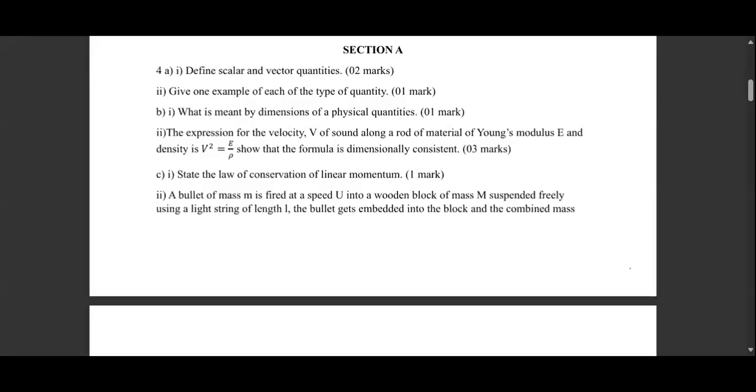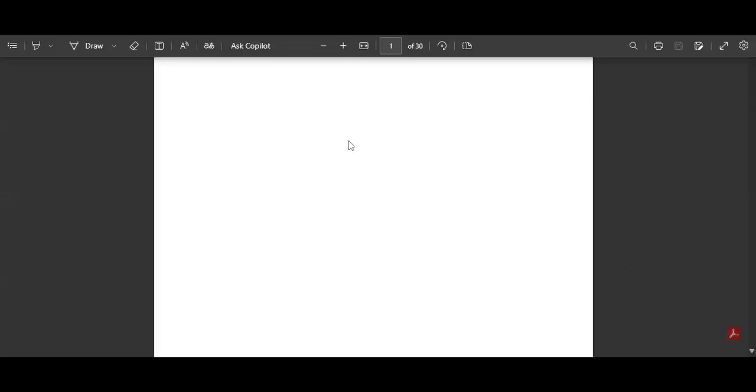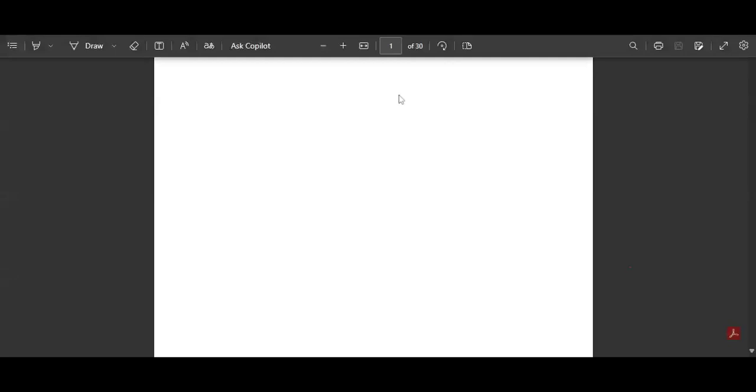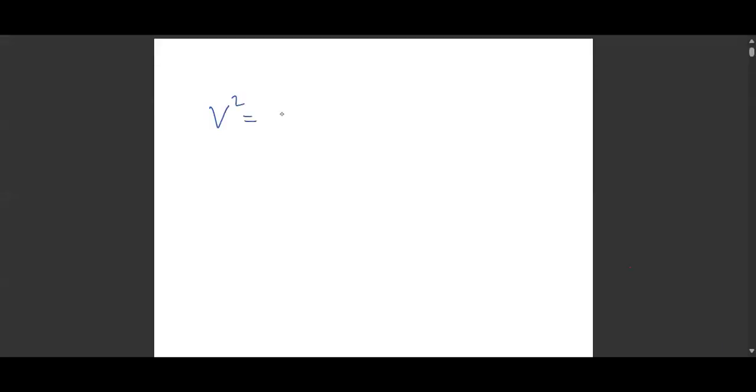I will share with you this other part. So we have v squared is equal to E divided by rho, whereby E is Young's modulus and rho is density.